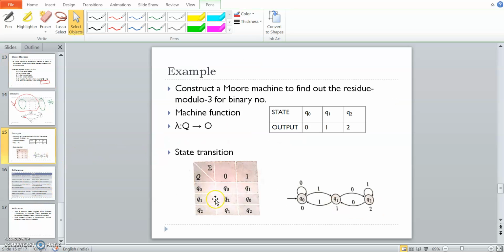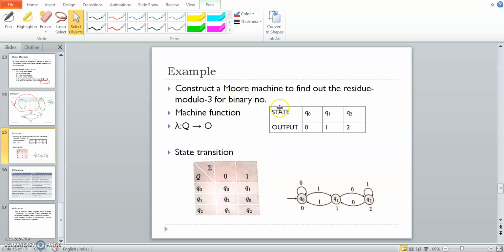For this, how many states are required? It is to find the residue modulo 3. If you divide any number by 3, you will get three possible remainders: 0, 1, 2. So these are the three outputs. And we are using binary numbers, so my input alphabet set sigma is 0 and 1.